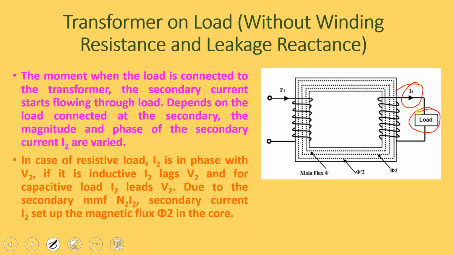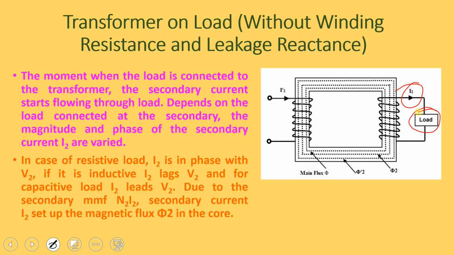In case of resistive load, I2 is in phase with V2. As I have told you in the previous video lectures also, when we have a resistive load, the current is always in phase with the voltage.